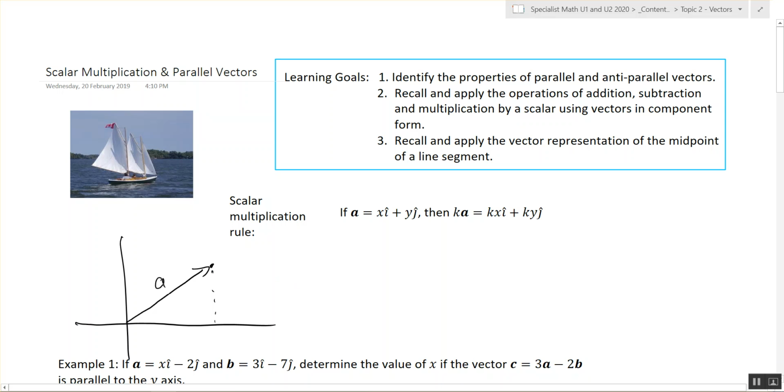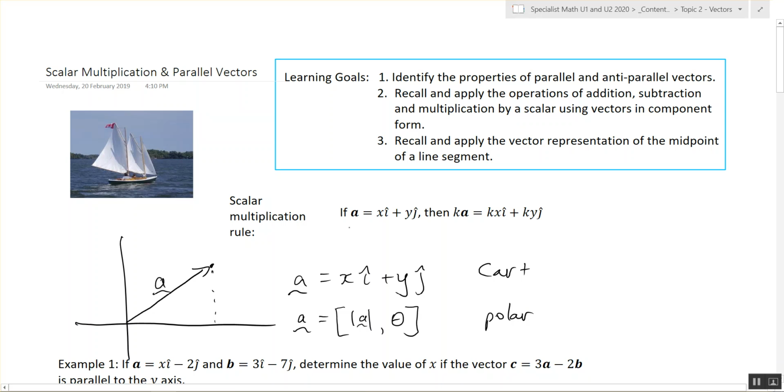Let's say this is vector A. Vector A can be an x value and a y value, or it can be in polar form, which is a magnitude and a direction given by theta. So Cartesian, polar.